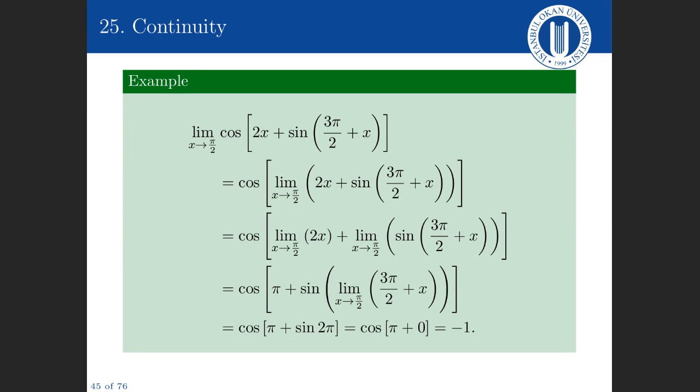And then using the technique again, sine is continuous, so instead of writing limit and then sine, we can swap the positions of limit and sine, and instead we can write sine and then limit. Using these rules, we can calculate that this limit is equal to minus 1. I'll leave this calculation for you to check in the lecture notes later.